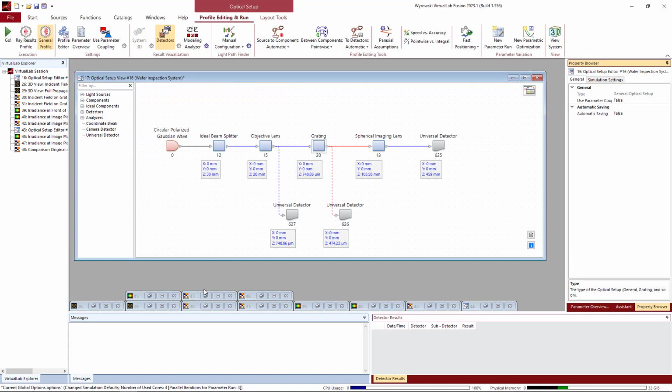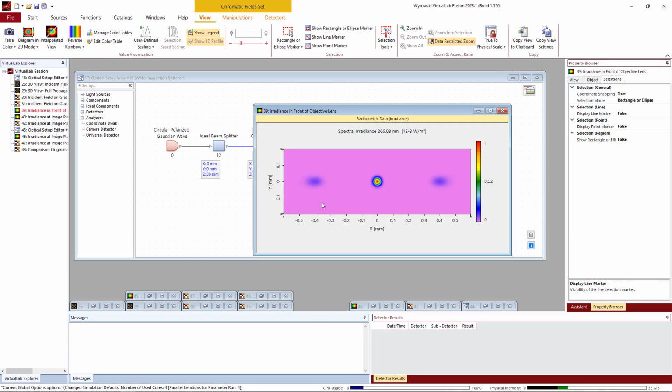And once again, I have those results generated. And we can see the 3 orders, our central order and the minus first and plus first order here. This is irradiance, a radiometric quantity, which can be calculated as a function of the electromagnetic field.